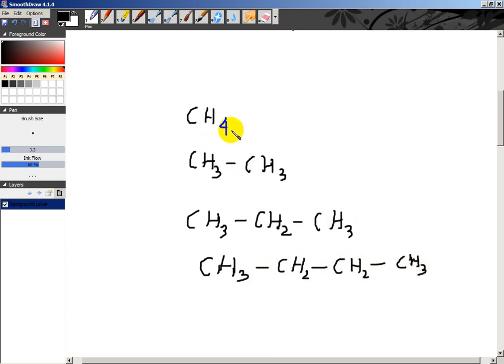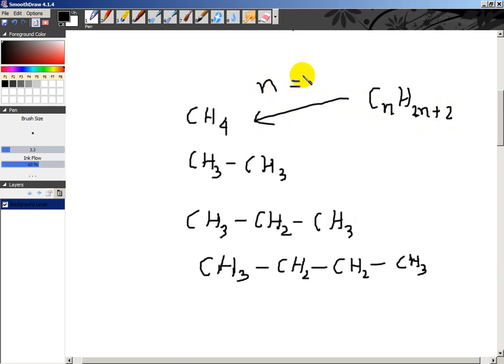Okay, this is methane, ethane, propane, butane. This is our homologous series. Look, there is a common general formula: CnH2n+2.